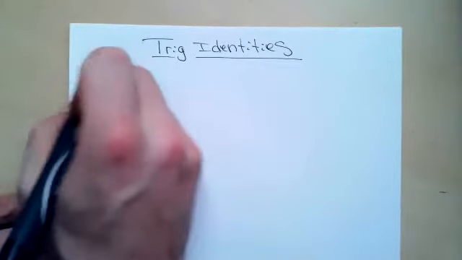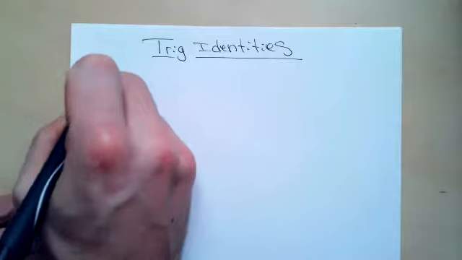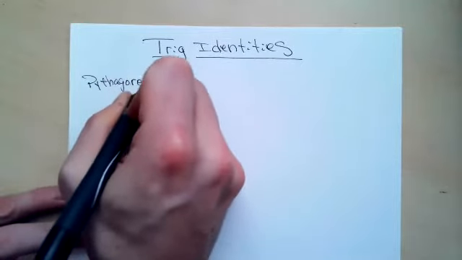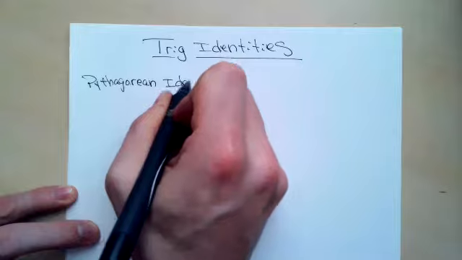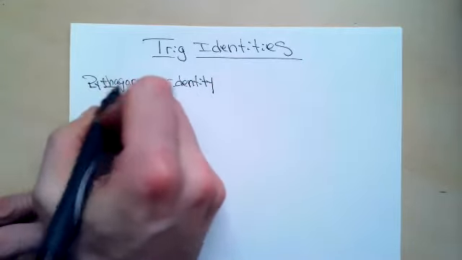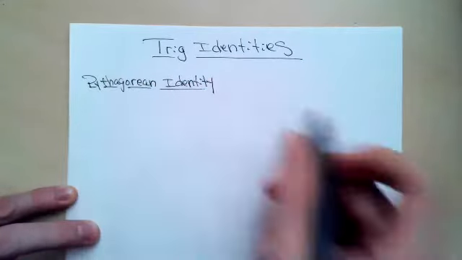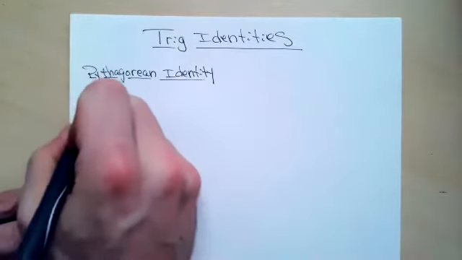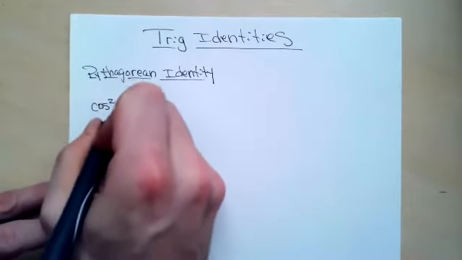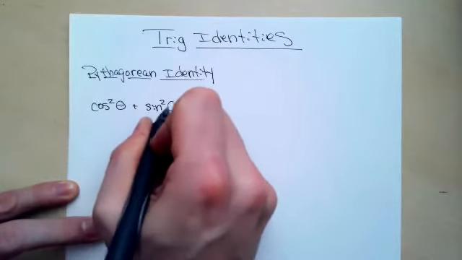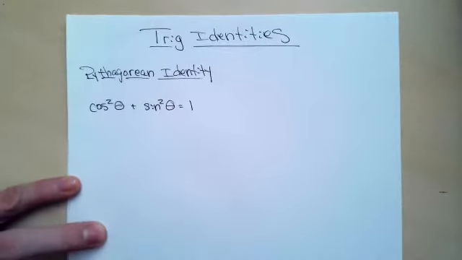So trig identities, the most important one is the Pythagorean identity. The Pythagorean identity says cosine squared theta plus sine squared of theta equals 1.